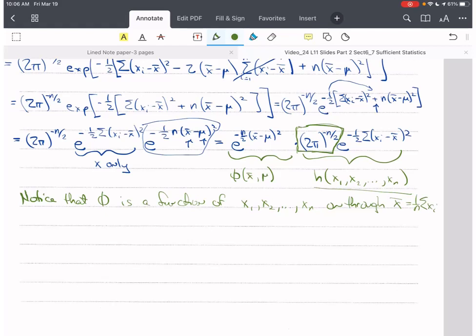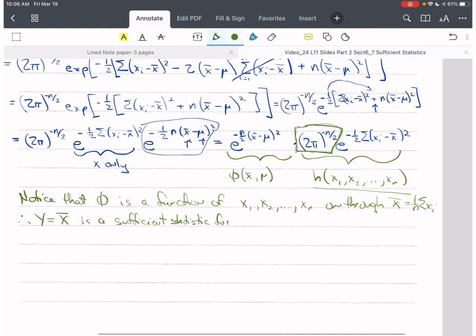Okay? Therefore, Y equals x bar is a sufficient statistic for mu by the factorization theorem.